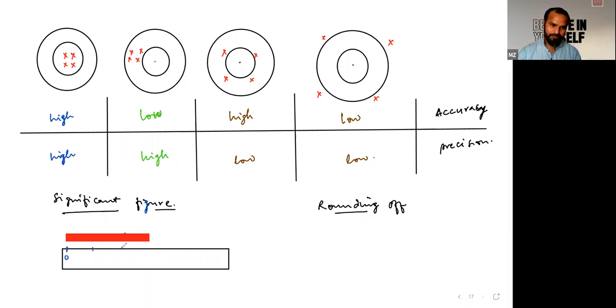It would be 1, 2, 3, 4, and so on. If you make further divisions, let's say it has 4 divisions in it, 1, 2, 3, 4, and so on.